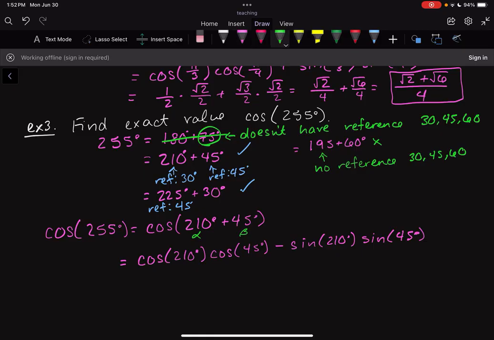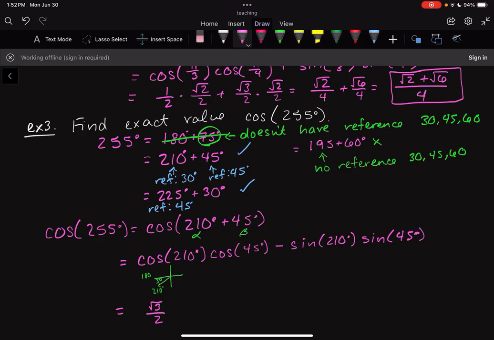Cosine of 210 has a reference of 30, so I'll remind you of why that is. 210 is in the third quadrant. It is 30 degrees from 180, so that's why it has a reference of 30. So remember, cosine of 210 will have the same value as cosine of 30. Cosine of 30 is square root 3 over 2.